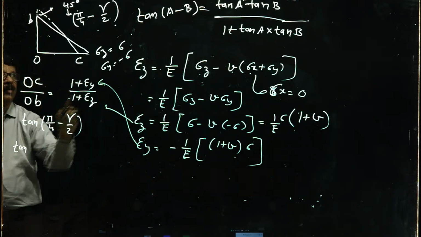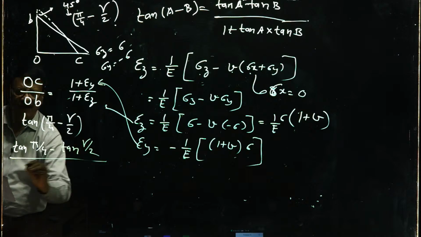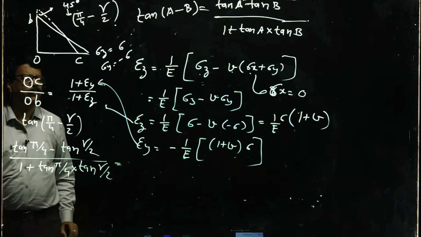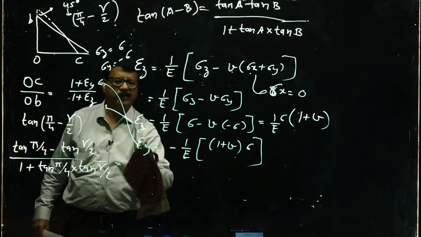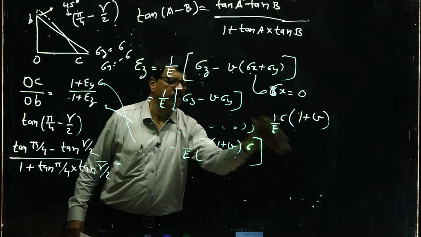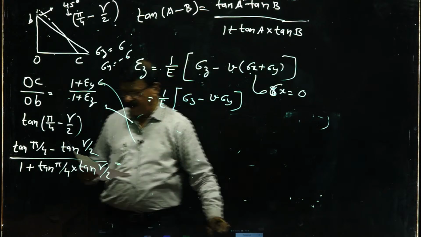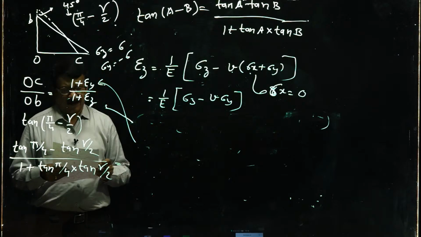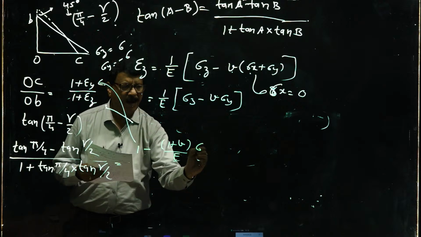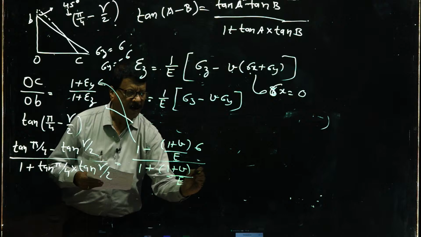As we wrote the formula tan A minus tan B over 1 plus tan A tan B, put the values of these stresses: 1 minus (1 plus v) upon E, sigma, divided by 1 plus (1 plus v) upon E, into sigma.